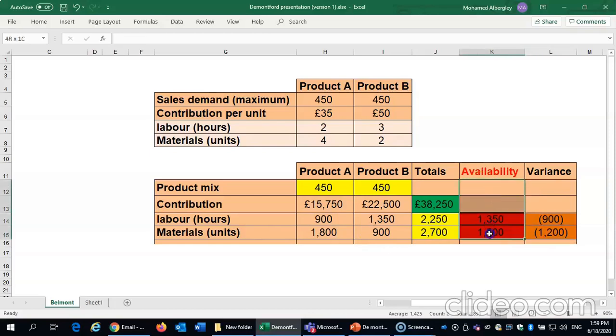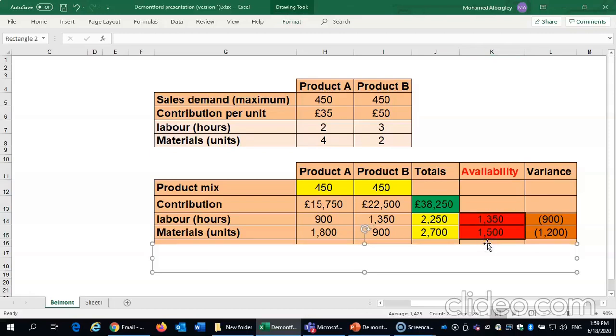And this leaves a shortfall in our resources of 900 hours of direct labor and 1,200 units of direct materials. My question here is, can we consider the direct labor and direct materials as constraints? Yes or no? Yes. Yes or no is an easy question, but I have a more intelligent question. Why yes?